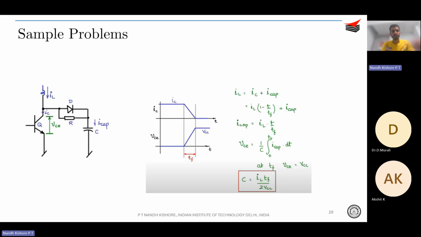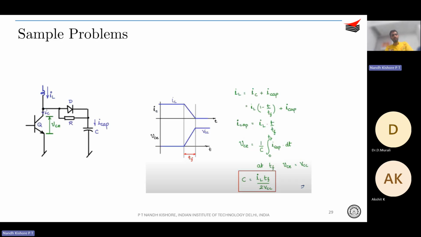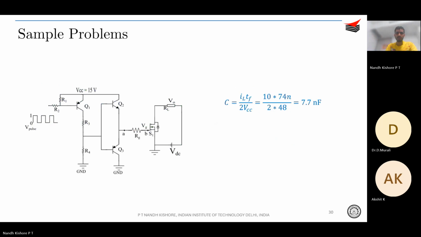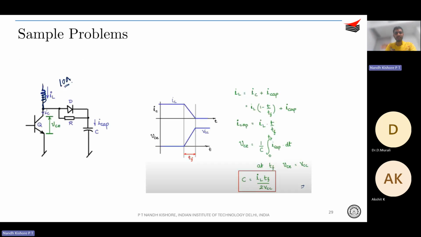You have an inductive load, and it draws 10 ampere current from the input source. If you have an inductive load, obviously the load is something like this, and it is drawing 10 ampere.